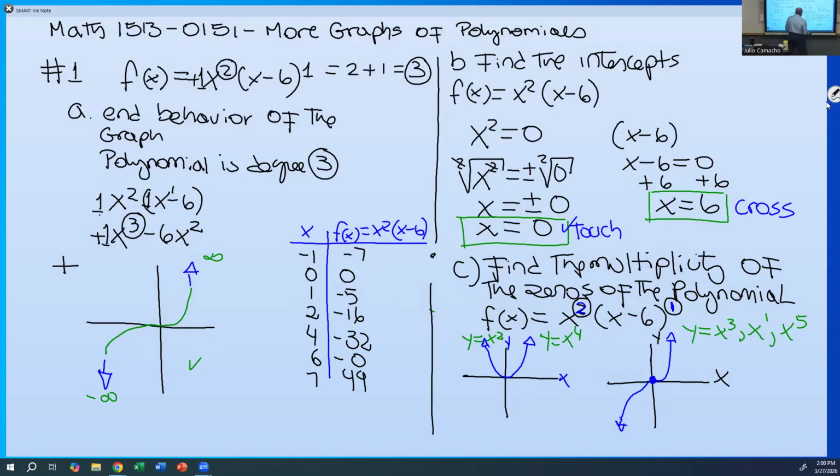And you can see, as we found algebraically, the places where the line of the graph will touch, when x is 0, and will cross when x is 6.